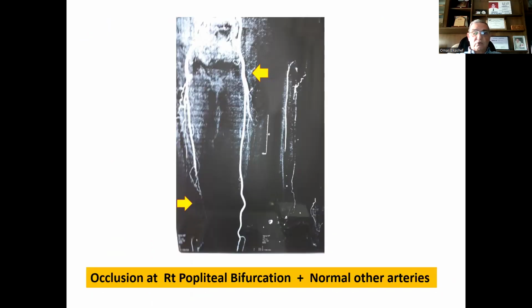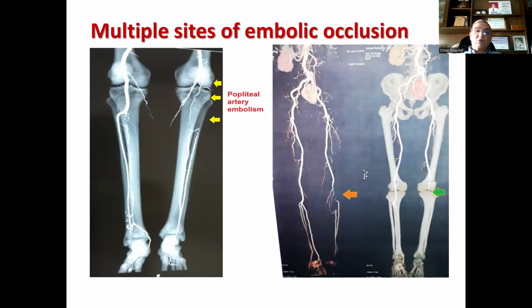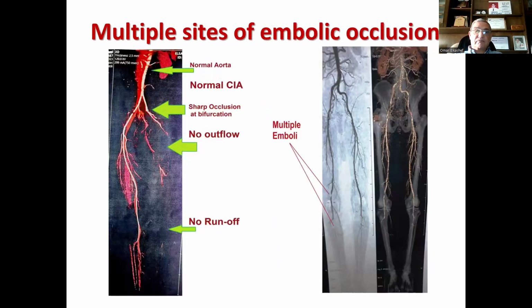Here also occlusion at the right popliteal bifurcation, and normal other arteries. Multiple sites of embolic occlusion may be present, as here on the right tibioperoneal trunk and in the left popliteal artery embolism, or here on the film to the right, there is occlusion of the right popliteal artery.